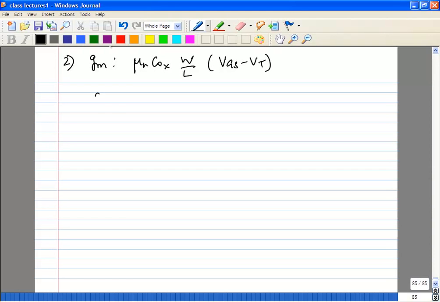What is Gm after scaling by alpha? So this is the same as your old Gm. Yeah, that's right. So now, what happens to your FT?